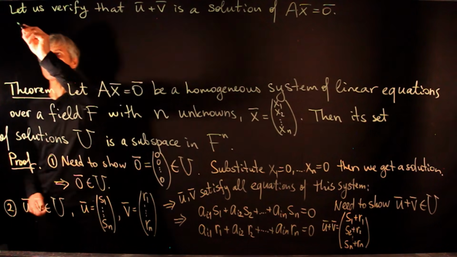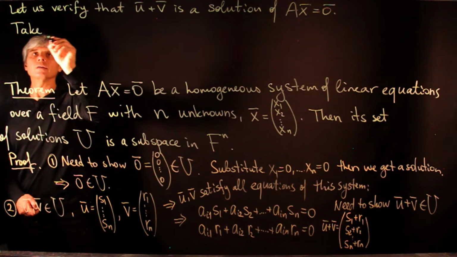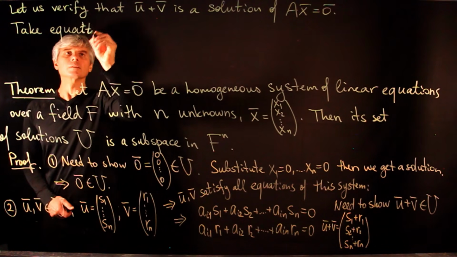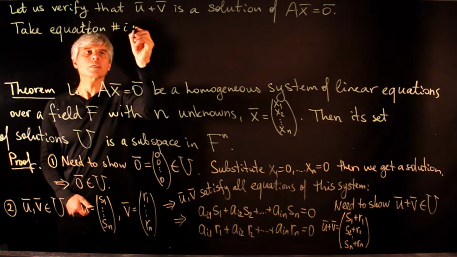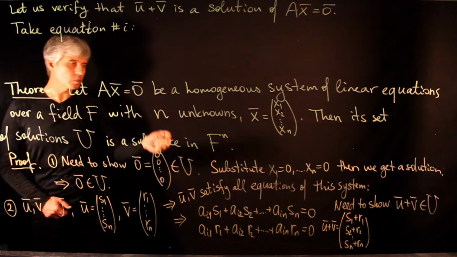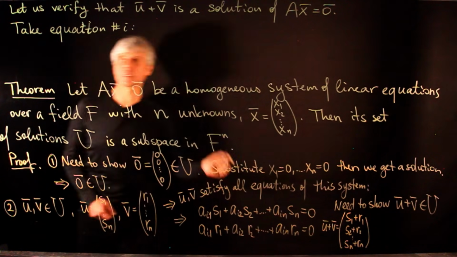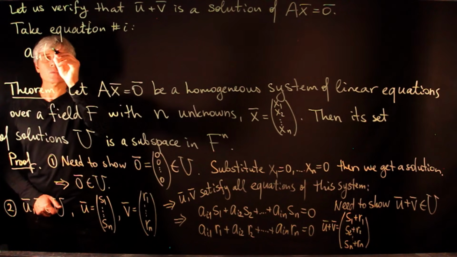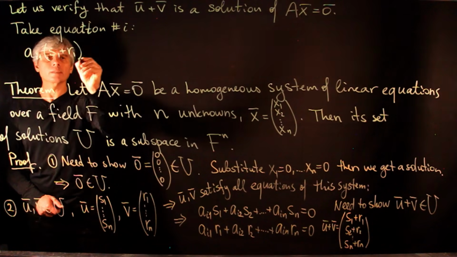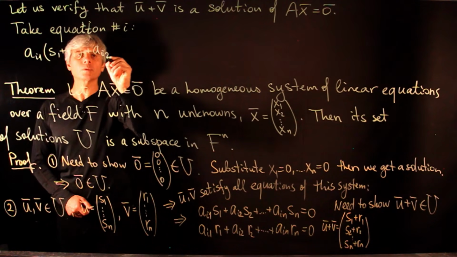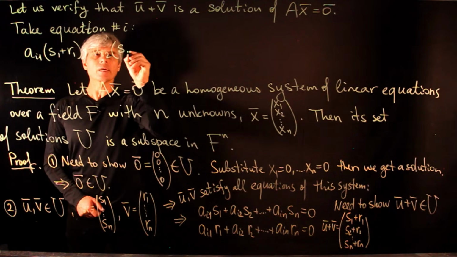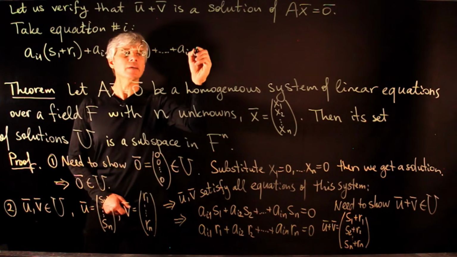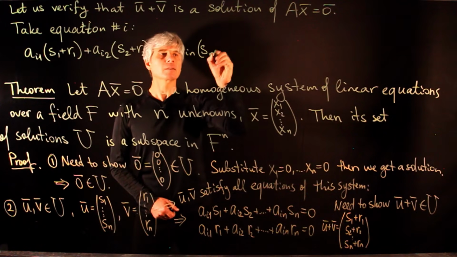Now, take equation number i, and substitute this n-tuple in this equation. So we have ai1 (s1 plus r1) plus ai2 (s2 plus r2) plus up to ain (sn plus rn).